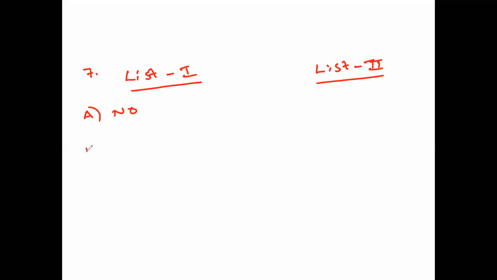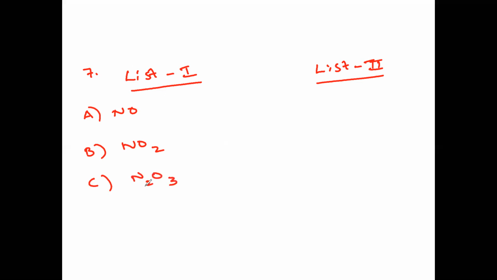Question number 7. Again they have given list 1 and list 2 for the NEET exam. You have to identify the correct match. We are going to discuss all these points; these questions are very important. In list 1, A is NO, B is NO2, C is N2O3, and D is N2O5.